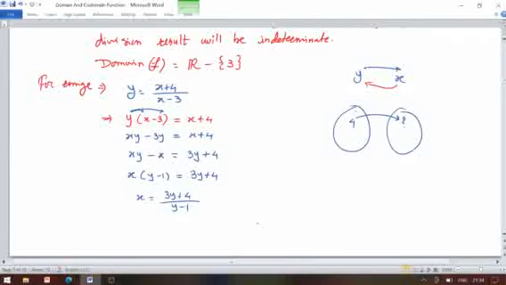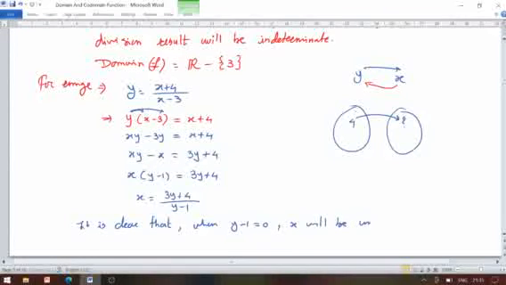So it is clear that when y minus 1 becomes 0, x will be undefined, as the division result will be indeterminate.